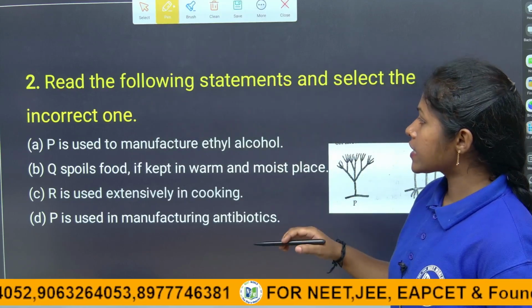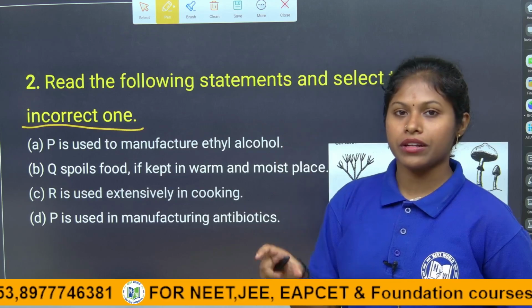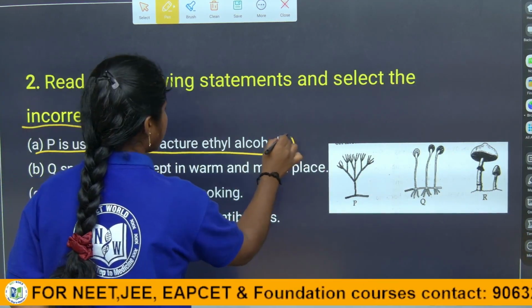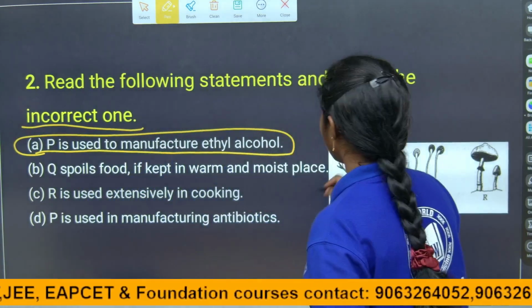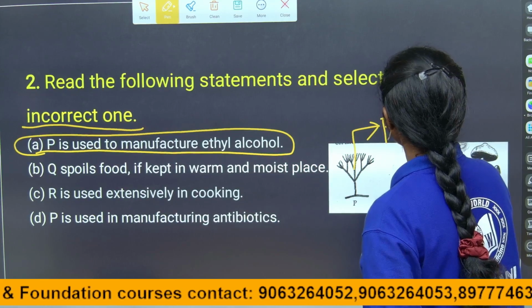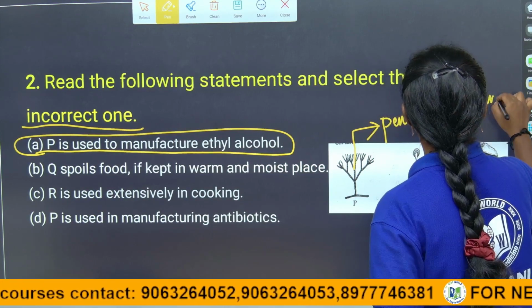Here they are asking for the incorrect one. P is used to manufacture ethyl alcohol. Is penicillium used for the manufacture of ethyl alcohol, children? No, penicillium is used to prepare the antibiotic.